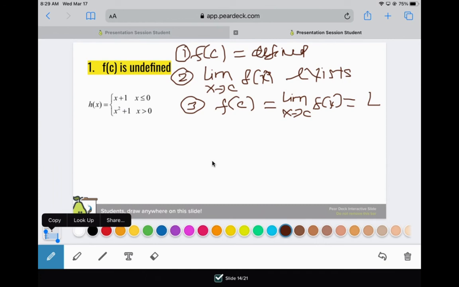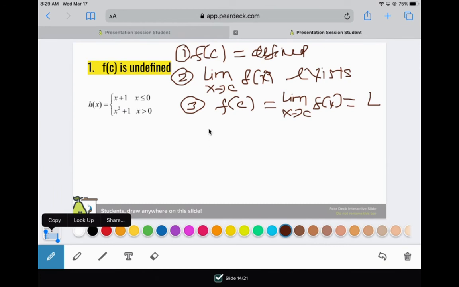Remember how we check for the limit, in the last summative that you did, we test for the left, we test for the right, we compare them, okay? And then step 3, we're gonna check to see if that point and the limit are the same or not. So these are the 3 criteria. You wanna jot it down somewhere, because when we run into a piecewise function, you have to do these 3 steps if you want full credit from me.